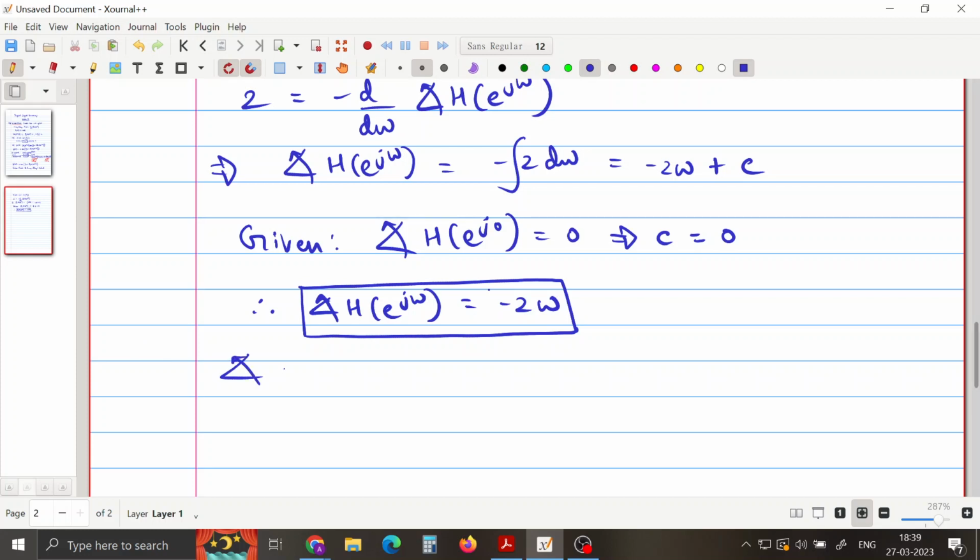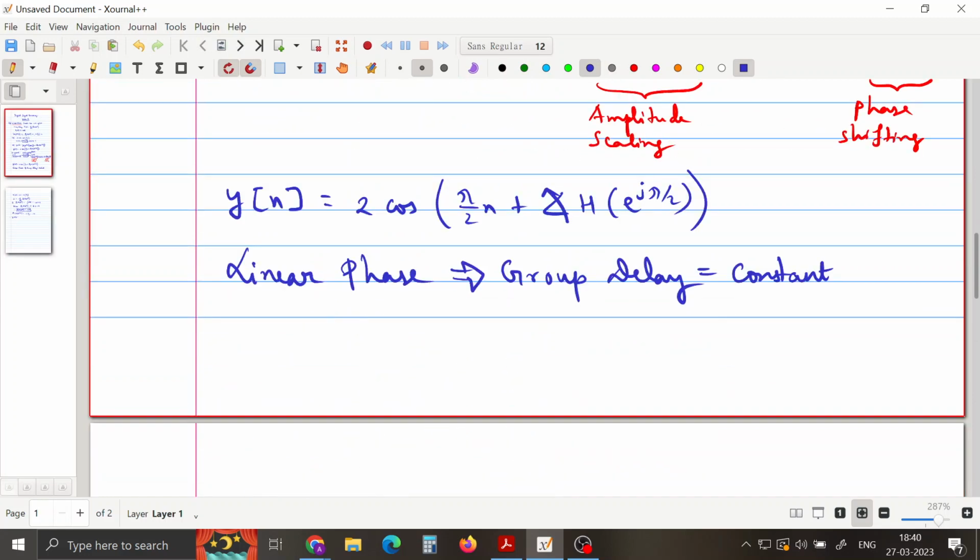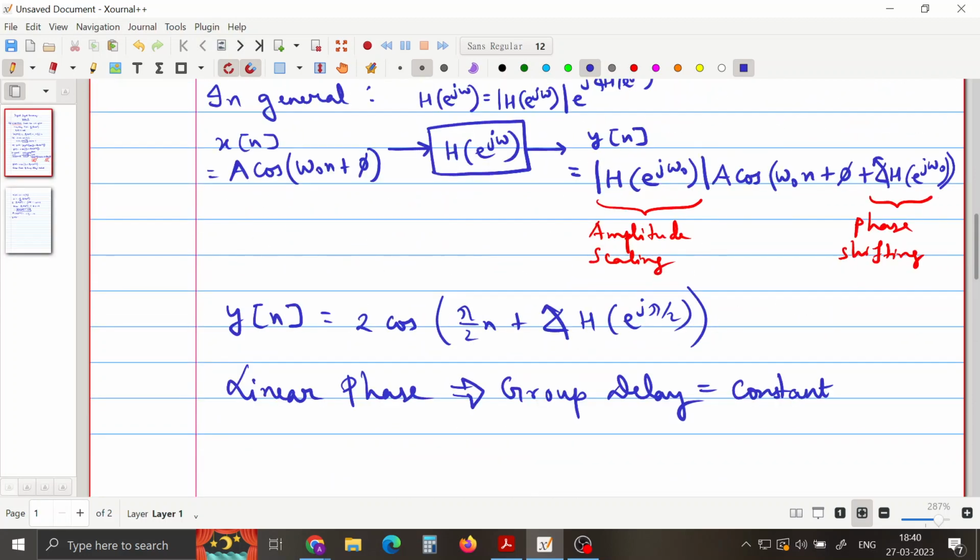So just put omega equals pi by 2 here. The phase of H of e power j pi by 2 is minus 2 times pi by 2, which is minus pi. You put this value in the expression of y of n, which is 2 times cos of pi by 2 n plus this actual value that we got.